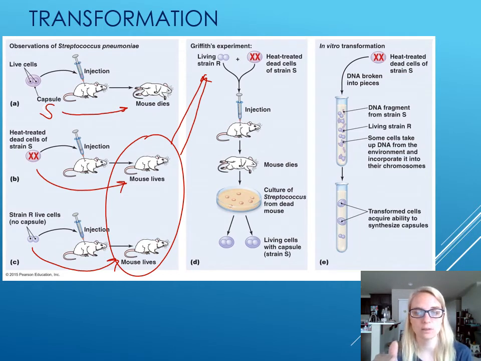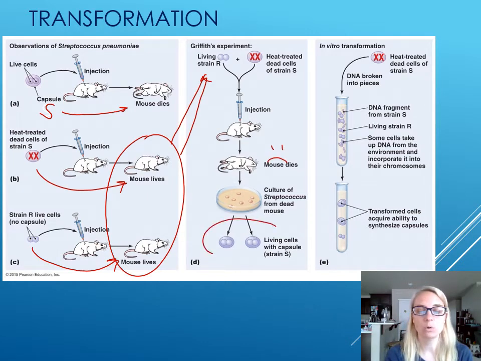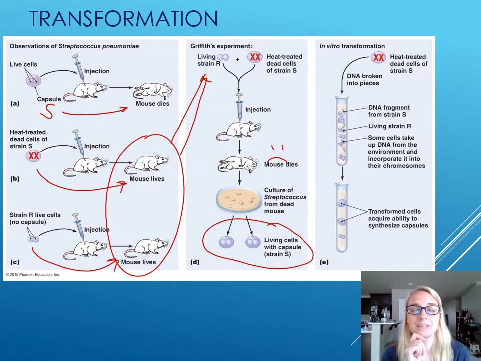He mixed those together, he injected them into the mouse, the mouse dies, and he cultured the lungs from the mouse, and lo and behold, what did he find? He didn't find either of the two things that he started with, which was the living R strain and the heat-killed S strain. He found living S strain. He's like, what happened here?